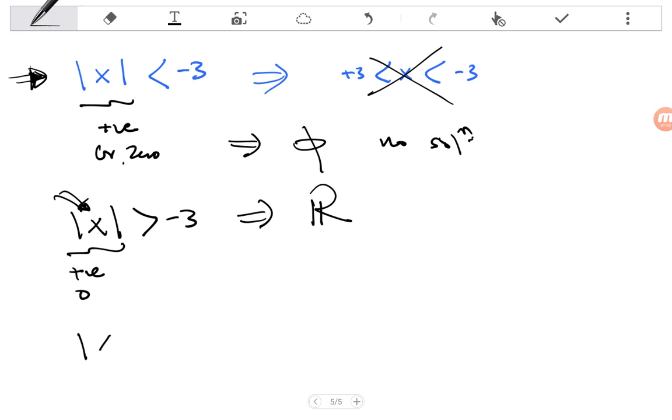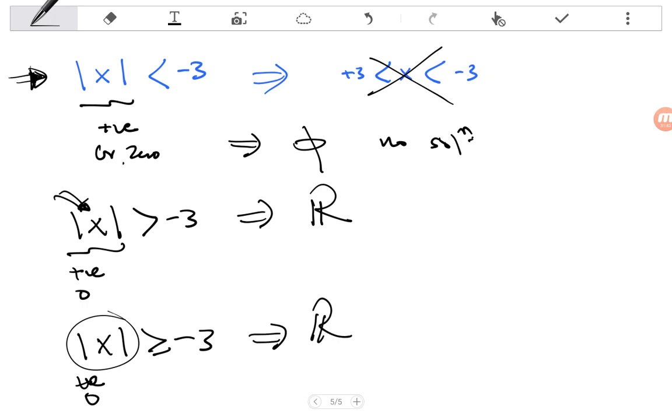What if I ask absolute x greater than or equal to negative 3? What would be the solution in this case? This is a positive value or 0. When would a positive value or 0 be greater than or equal to negative 3? The solution in this case is also R. Why?